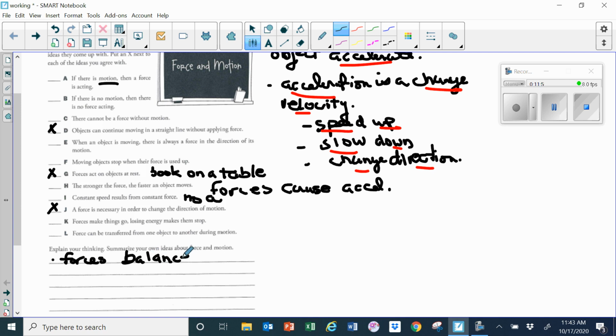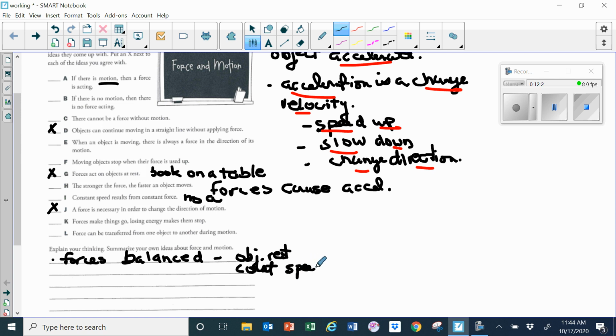One is the gravity force downward, and the other one is the table exerting an equal and opposite force on the book, holding the book up. So if forces are balanced, an object can be at rest, or it can be moving at a constant speed. If it's moving at a constant speed, it's not accelerating.